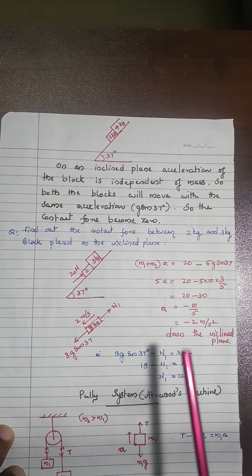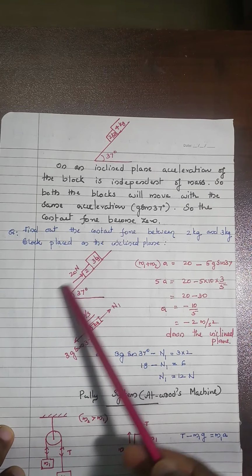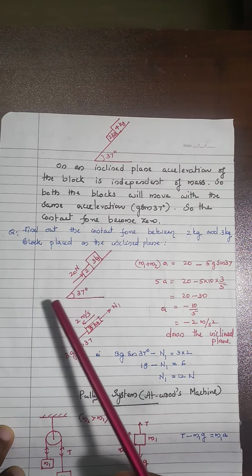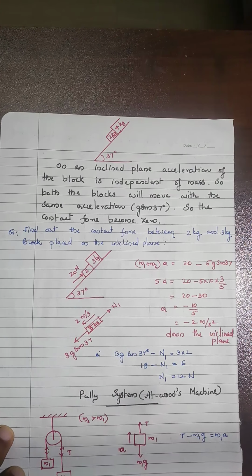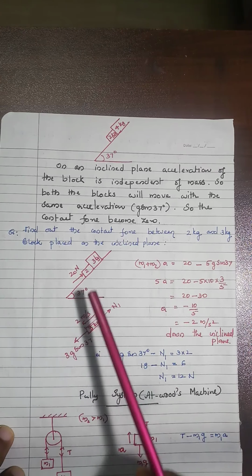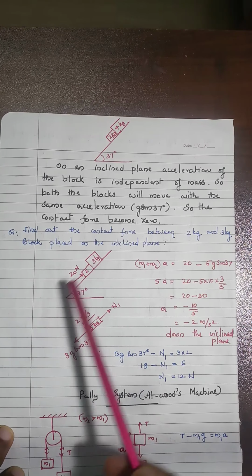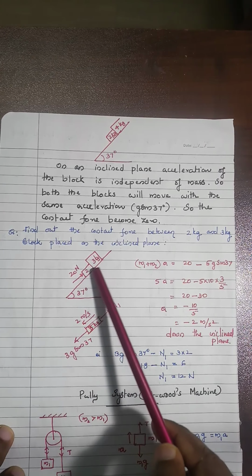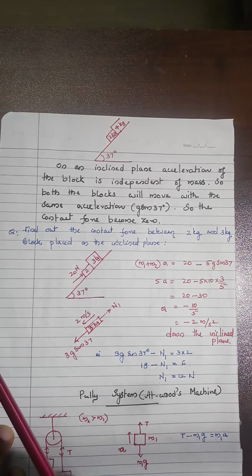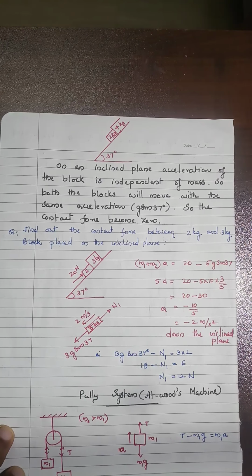That is equal to 20 minus this component of the weight, that is 5g sin 37. So we can write 5a is equal to 20, the upward direction force, minus the force along the inclined plane, that is (2 plus 3) into sin 37. So we get the answer minus 2. Why minus 2? It is down the inclined plane.